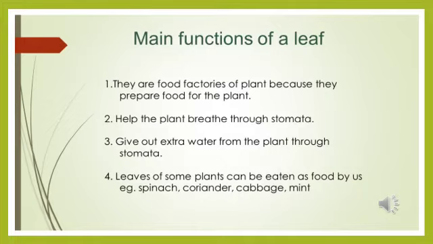Also, leaves of some plants can be eaten by us. That is, some plants store their extra food in their leaves, and that food we can eat. Example: tulsi, spinach, coriander, mint, cabbage, etc.